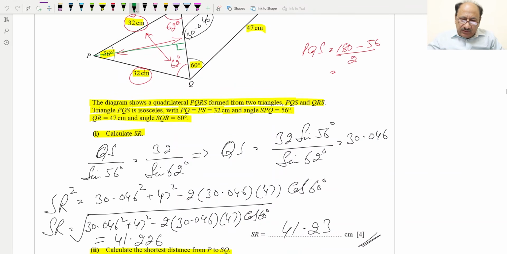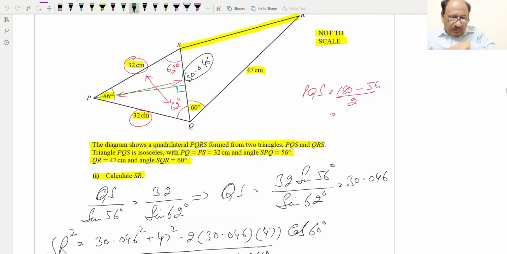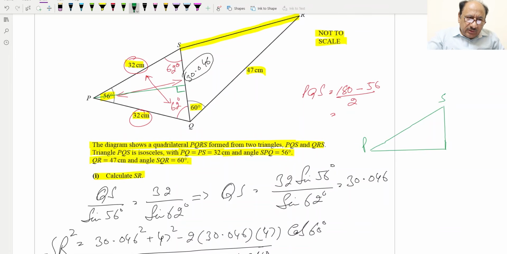If we draw the triangle separately, this is our triangle, and this is P, this is S, and this point we can take as T. So this point is T, and this is 90 degrees, and this one is 62 degrees, and we have this slanting side which is 32.